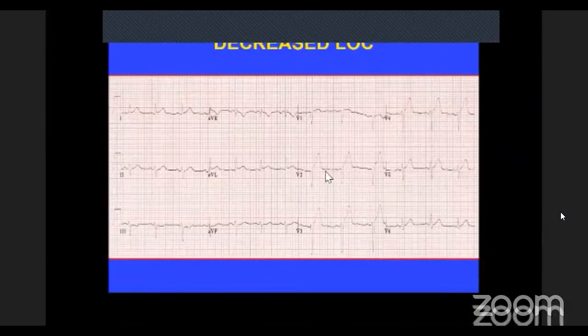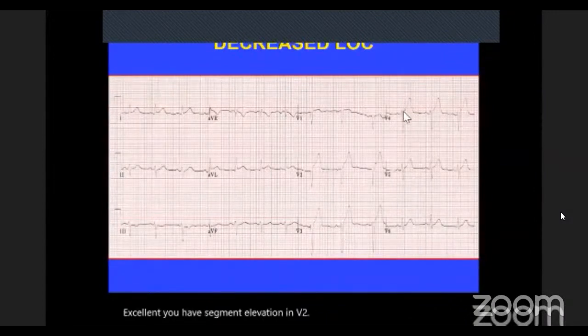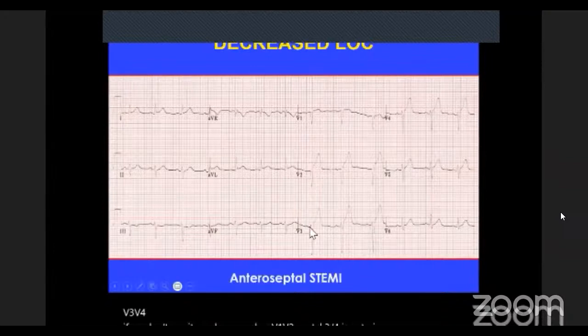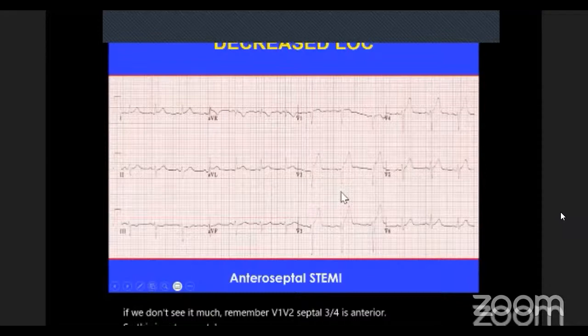You have ST segment elevation in V2, V3, V4. V5, we don't see it much. Remember, V1, V2 is septal, V3, V4 is anterior. So this is anteroseptal myocardial infarction. If you say just anterior, that is okay, because septal is included when you say anterior.